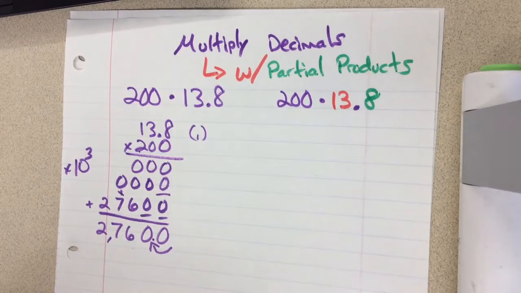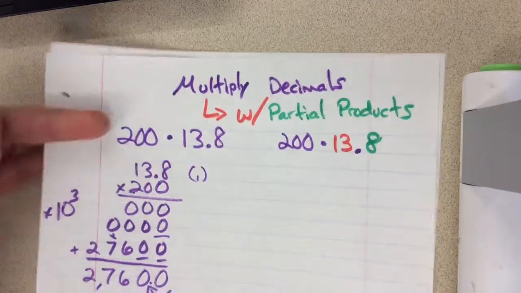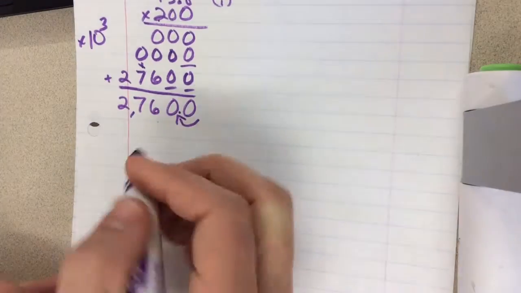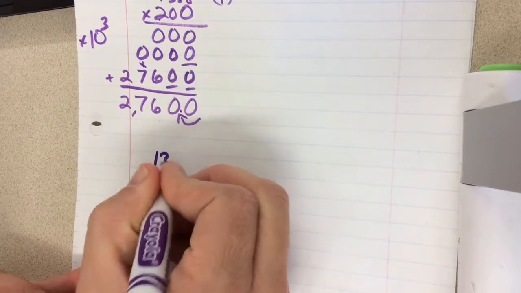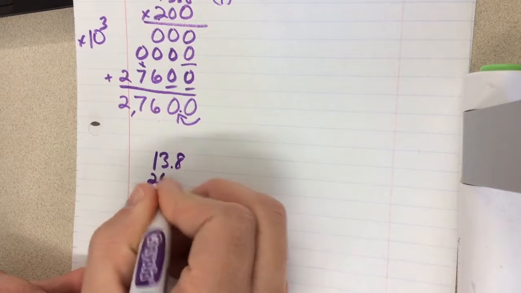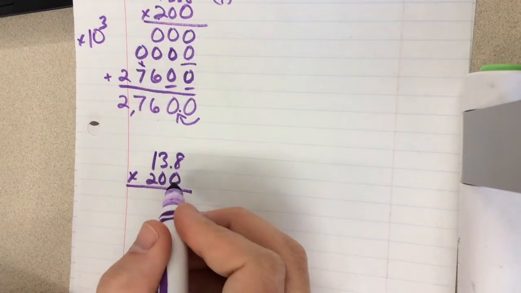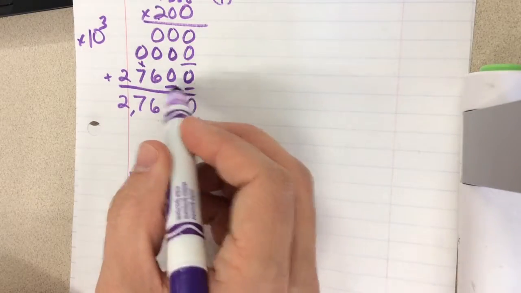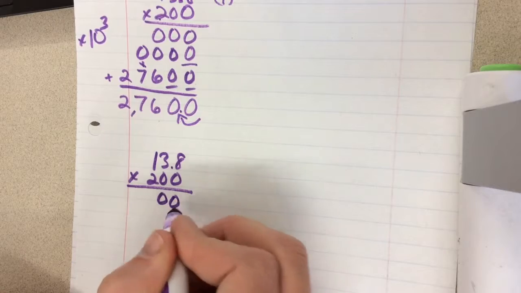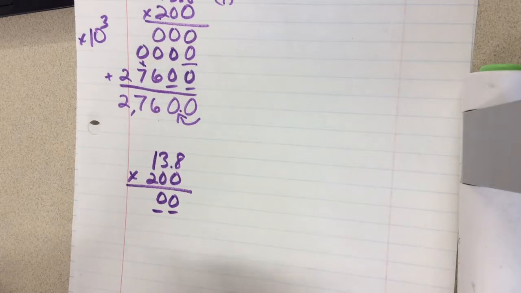There's a shorter way that we could also do. I'll do that down here, with the same value. Multiplying 200 times 13 and 8/10. And that is exactly what we did before, because no matter what, there are 2 zeros. So the only work we have to do is we're multiplying by values of hundreds.